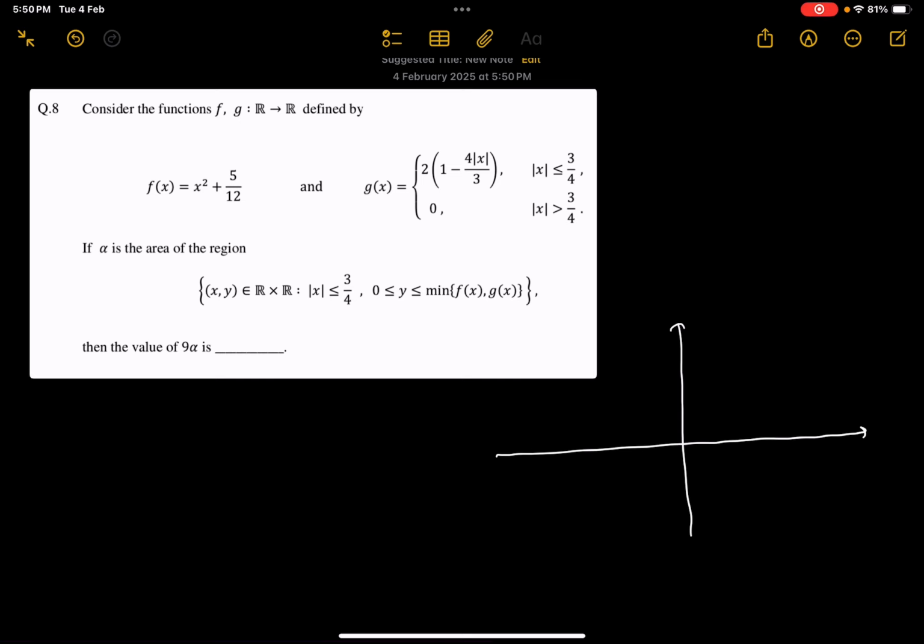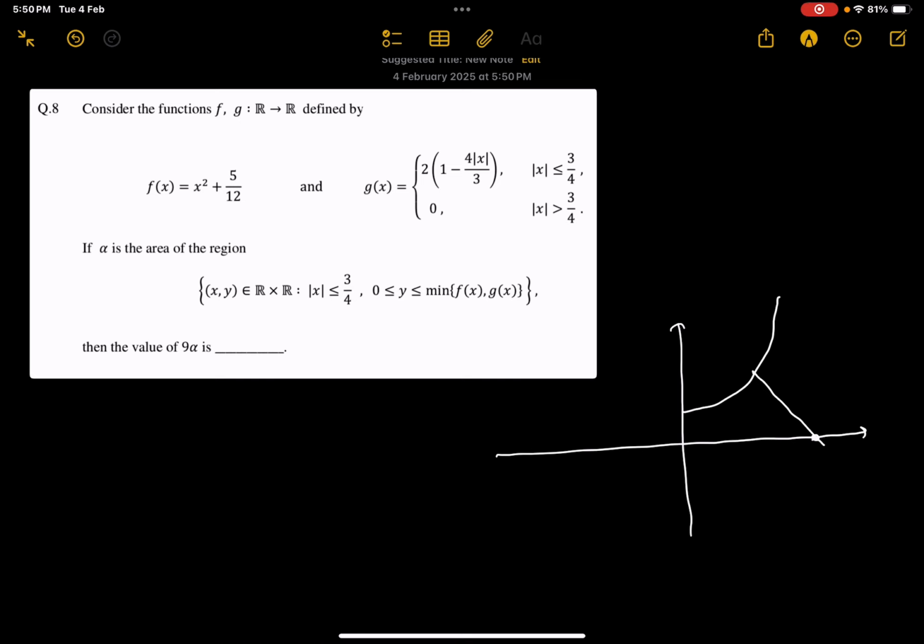So I'm just plotting the functions for x greater than 0. So x square plus 5 by 12 is a parabola, something like this. And 2 into 1 minus 4 by 3 mod x, as x is greater than 0, mod x will simply be x. So that would be something like this.